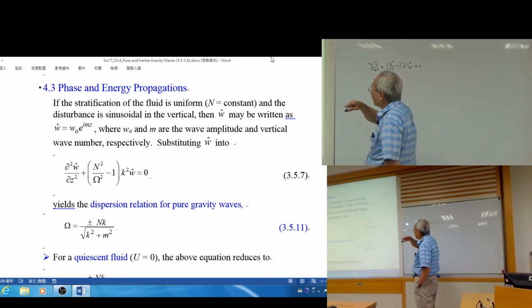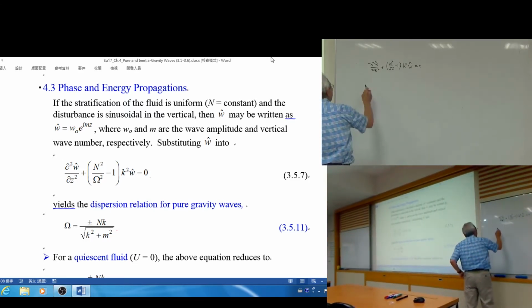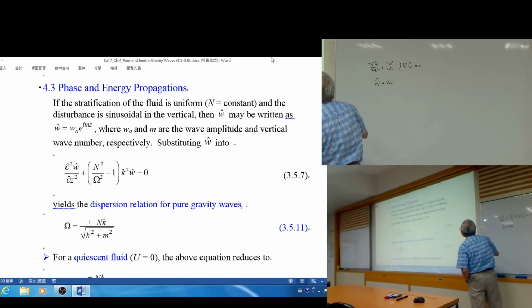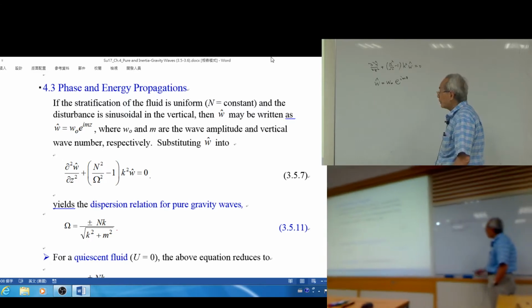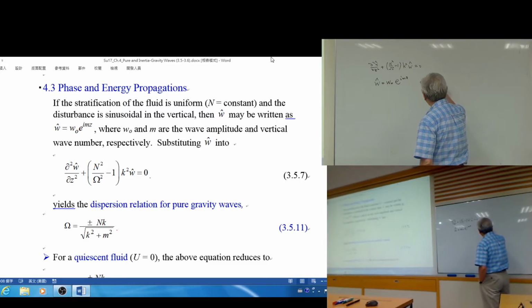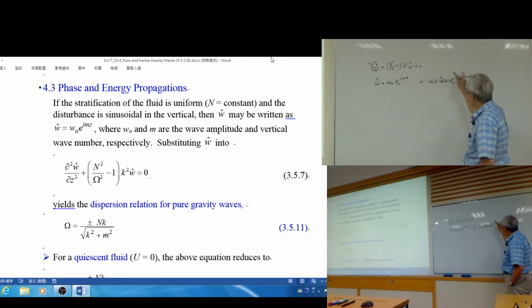Okay, if we assume W hat is equal to W0 e to the i m z. Remember we assumed W hat of z times e to the i (kx minus omega t). Remember that we assumed this.